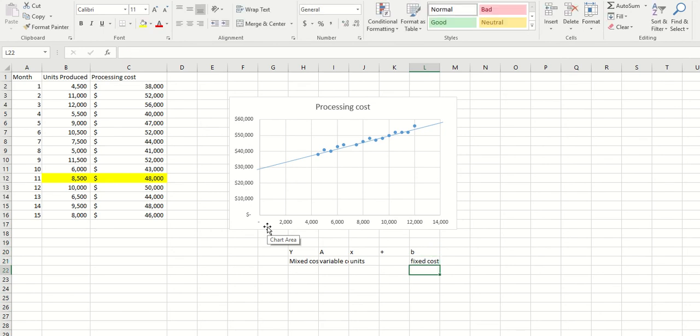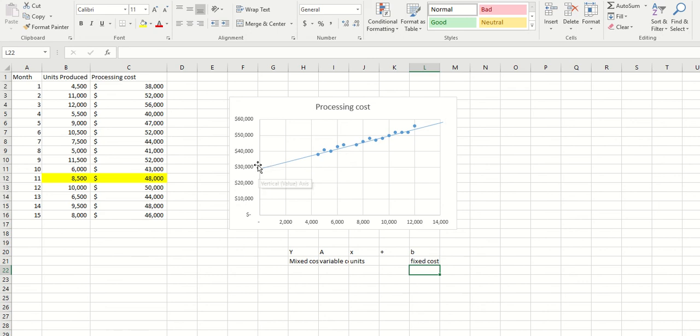And that will be our y-intercept. So where this actually hits is going to be our fixed cost. So we have to overcome this fixed cost and then have this variable cost continuing on and on.